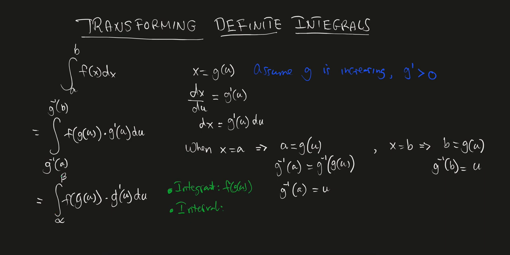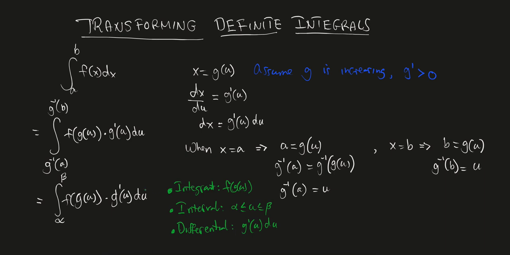And here I'm just assuming that the lower limit is actually smaller than the upper limit, so alpha less than or equal to u, less than or equal to beta. And then the differential, our dx, now has this kind of more complicated looking form, g prime of u du.